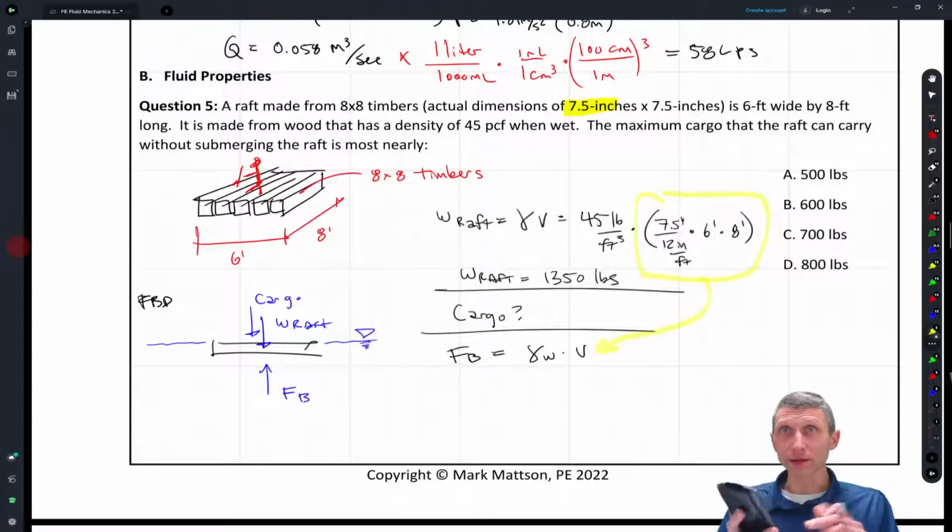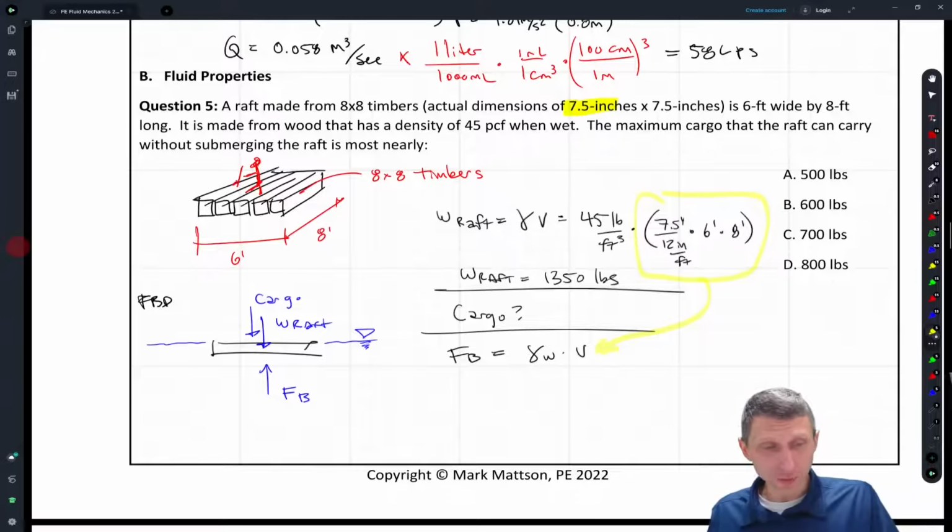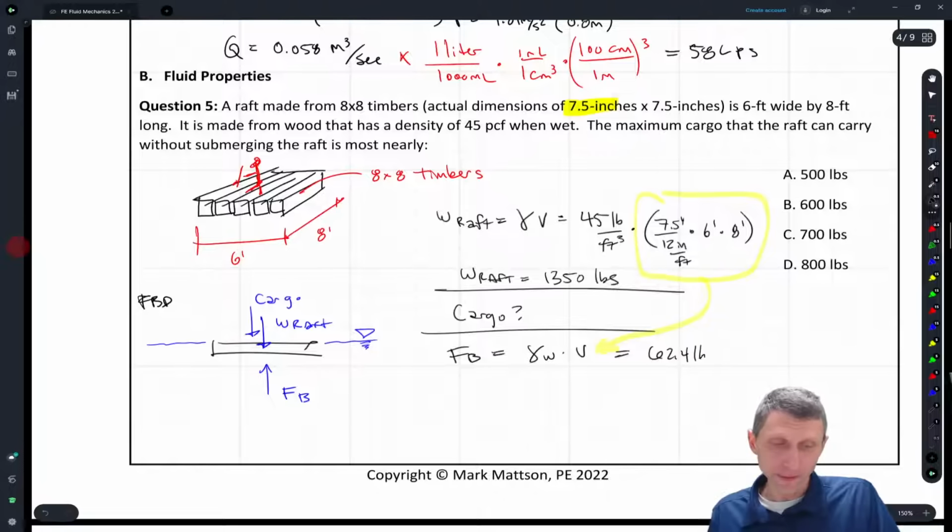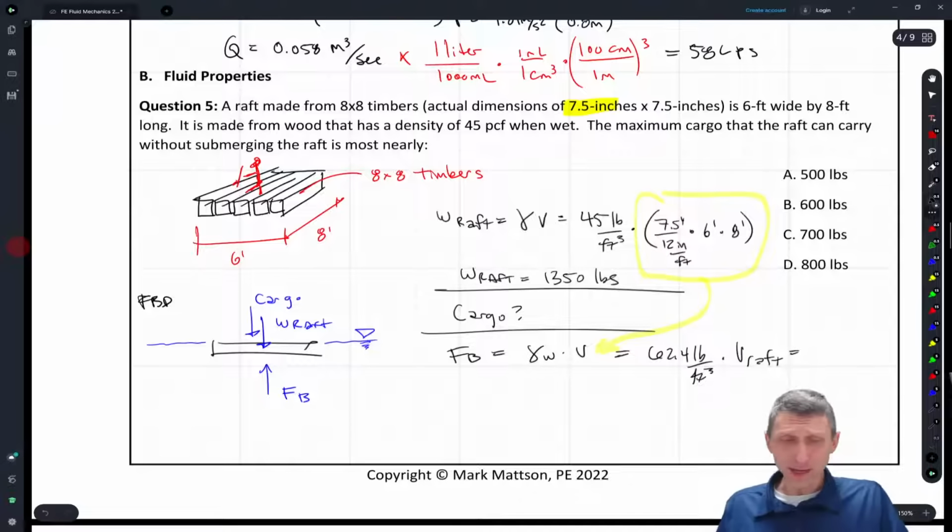In your calculator, you can just go back, and instead of 45, type in 62.4. So gamma water equals 62.4 pounds per cubic foot times the volume of the raft. I'm not going to write that out again, but what I got was 1,872 pounds.